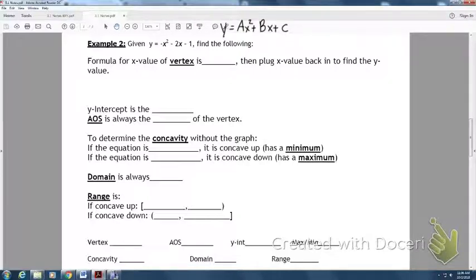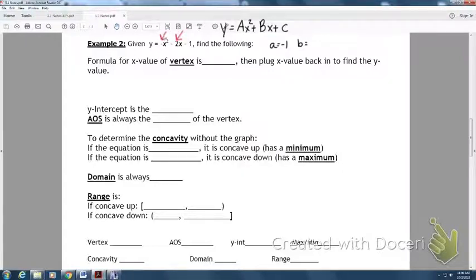So let's make sure that we're good on identifying those on this problem. Somebody tell me what the a value would be. Okay, so don't give me the x squared. What is the coefficient of x squared? Negative what? Negative 1. What is the b term, or the b value? Negative 2.